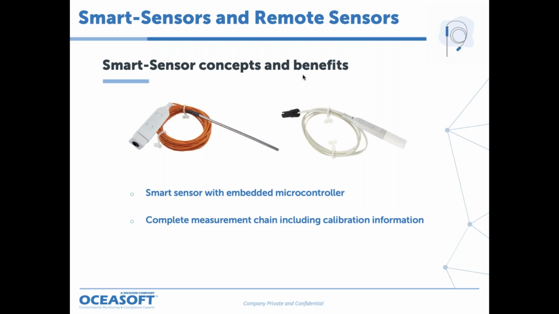So OCEAView offers a wide range of these smart sensors to monitor physical parameters, such as temperature, humidity, CO2 levels, differential pressure. And smart sensors have some very practical advantages. First of all, they are recognized automatically by the data logger.